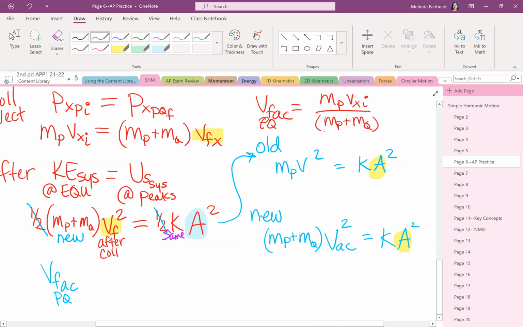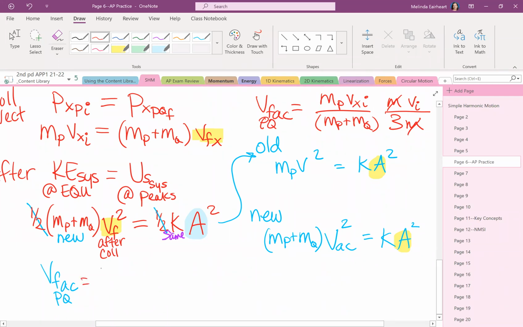And so after the collision, you've got a larger mass. You've got 3 times the original mass, right? So this is your 3M. No, not squared, momentum. And so after the collision, you've got 1/3 of the speed, yes?